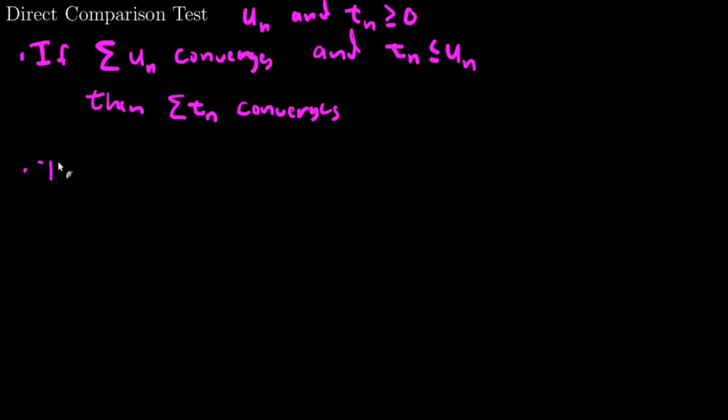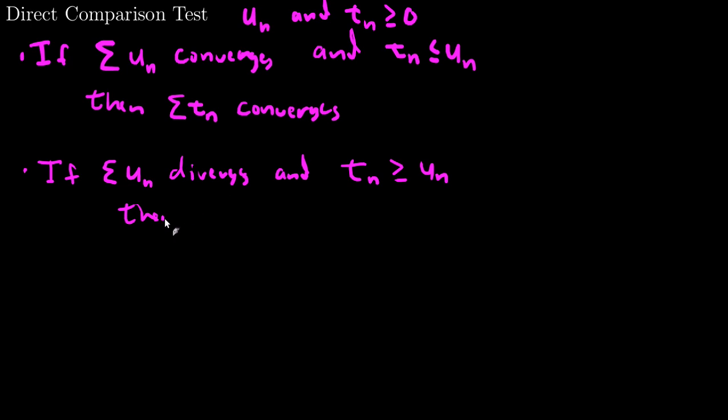And similarly, if the sum of u's diverges, so this goes off to some type of infinity, or it's DNE, and the t's are even bigger, then the sum of the t's, of course, has to diverge as well, because it'll be even worse than the u's.